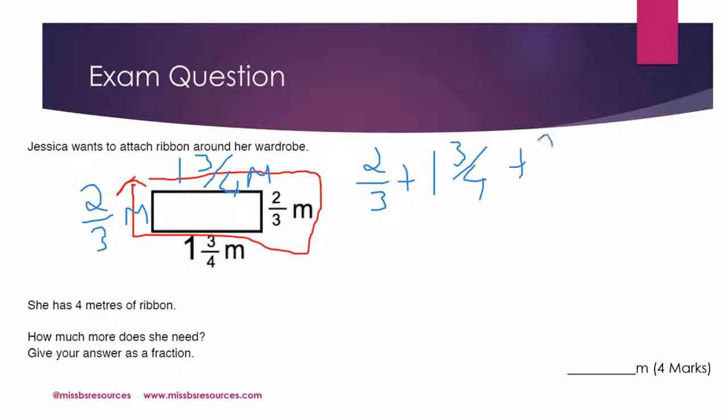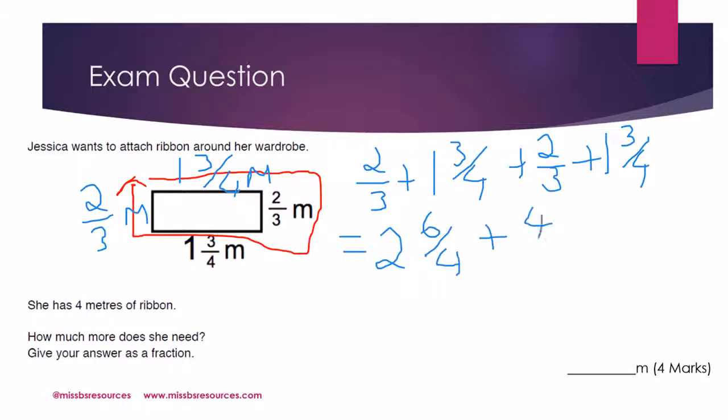Well, that's the same as doing 2 6/4, add on 4/3, which is the same as 3 2/4, add on 1 1/3.